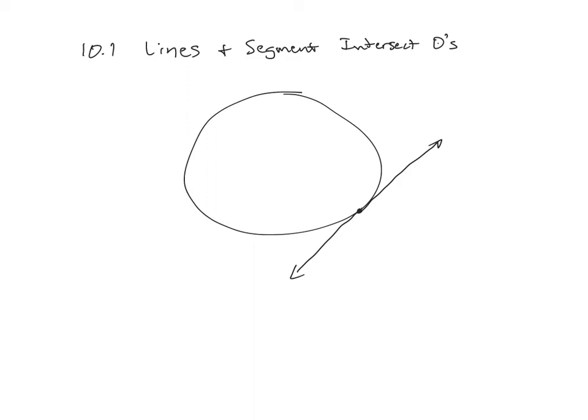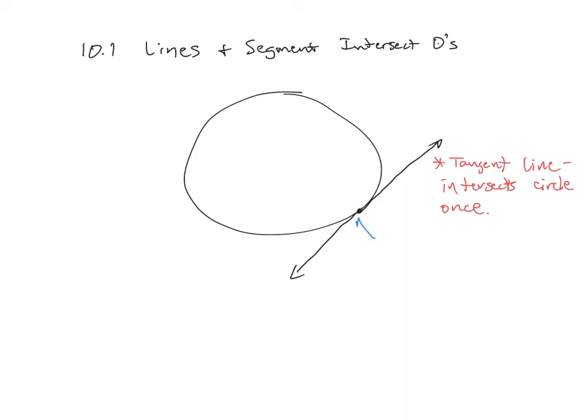This line right here would be a tangent line because it intersects the circle once. It only touches the edge of the circle. Okay, so that would be what's called a tangent line.